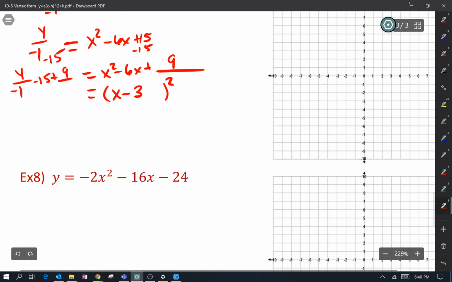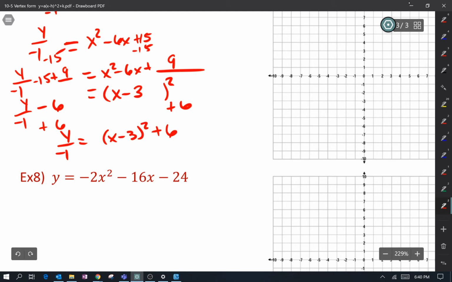Next step. Y over negative 1. Negative 15 plus 9 is negative 6. Next step, bring the 1 back, bring the 6 back over, so plus 6, and I'm really close to the correct answer for this problem. The problem is I still have that negative 1 that I'm dividing by.